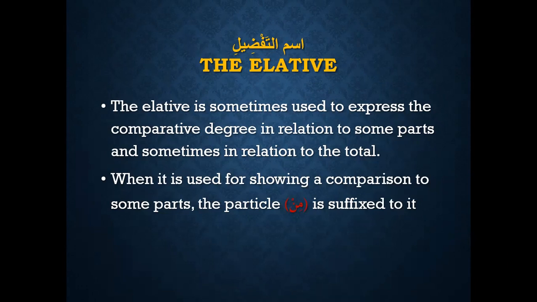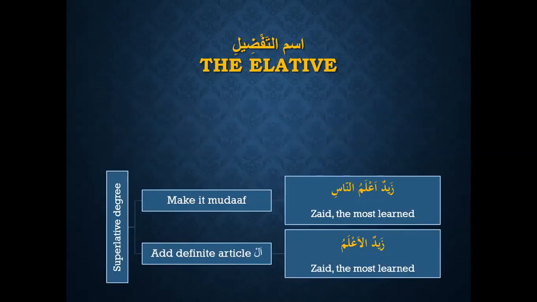Okay, so you use min there. Zaydun, for example, you want to say Zayd is more knowledgeable than Amr. Amr is knowledgeable, Zayd is knowledgeable, but Zayd is more knowledgeable. So then you use a'lamu min, akbaru min, af'alu min. So Zaydun a'lamu min Amrin.